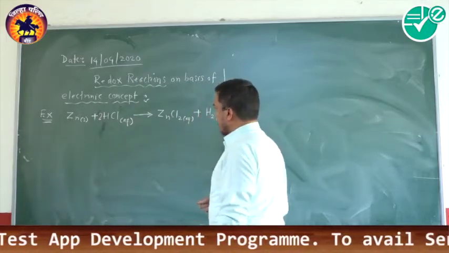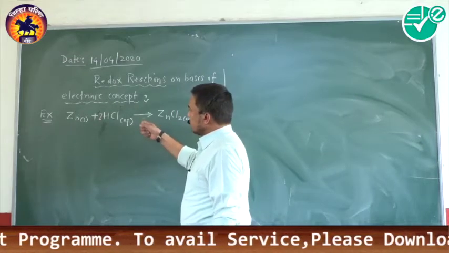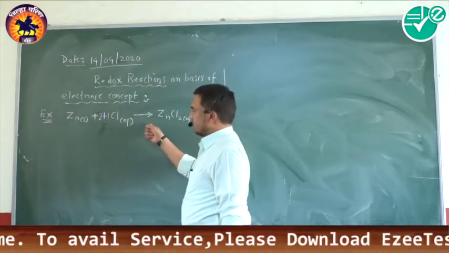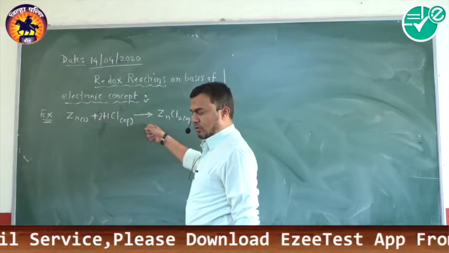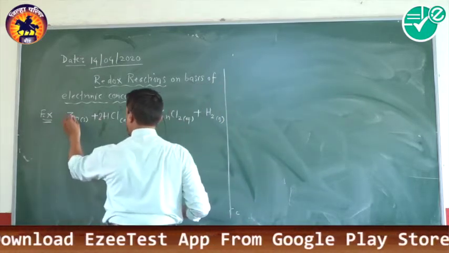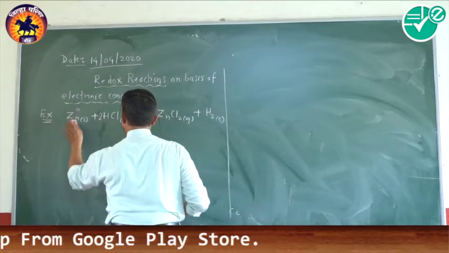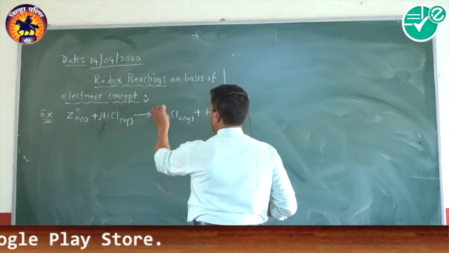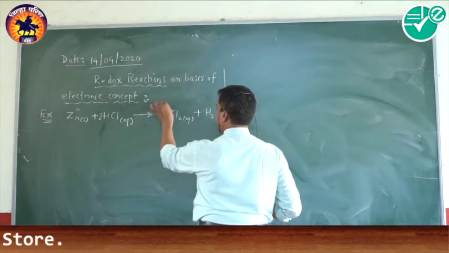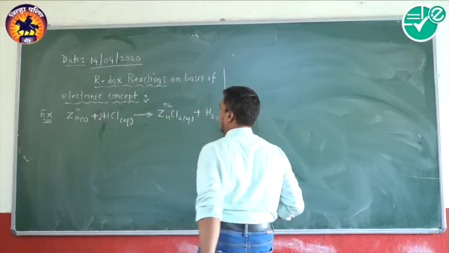In this case, this is actually a redox reaction. Now we'll see the electronic concept, that is, based on electron transfer theory. Look at the oxidation state of zinc here: it is 0. In this case, the zinc gives out electrons, showing a +2 charge on it.